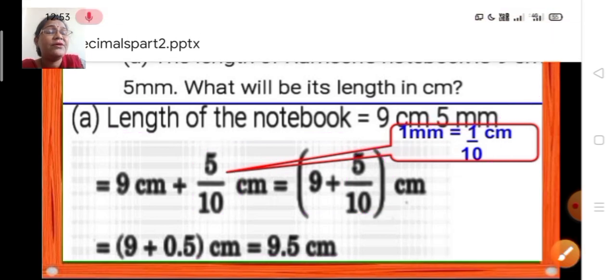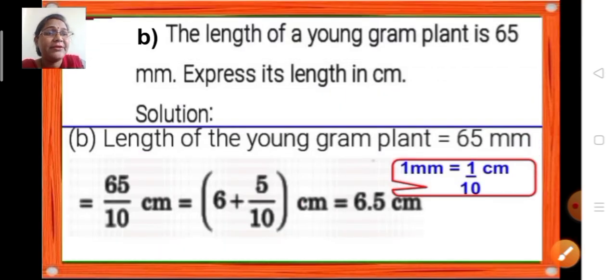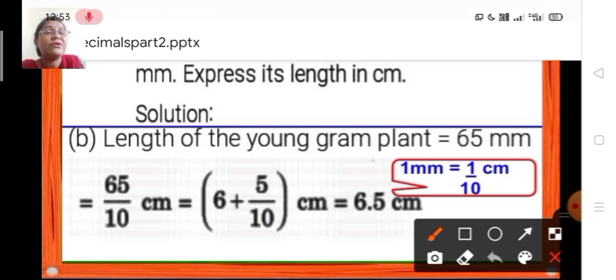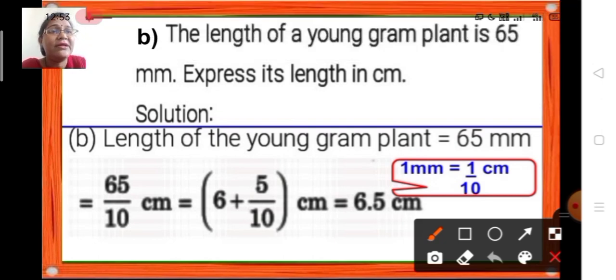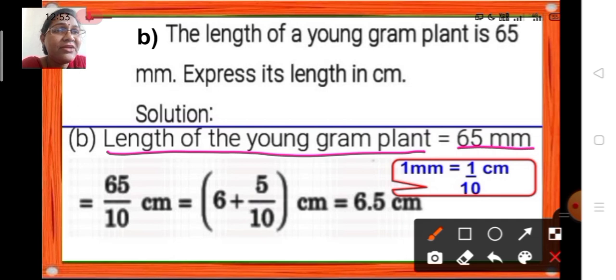Then we will move on to the B part of question number 10. In that, what is given to us is the length of a young gram plant is 65 mm. Express its length in centimeter. Children, first we will write what is given to us: the length of a young gram plant is 65 mm. This 65 mm we need to convert into centimeter, as we know that 1 mm is equal to 1 upon 10 centimeter. Therefore, 65 mm is equal to 65 by 10 centimeter.